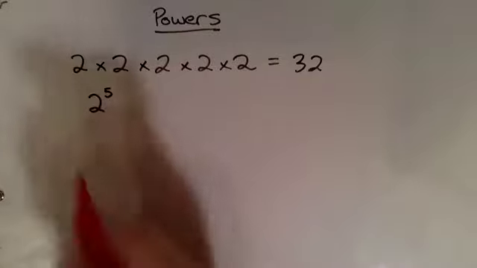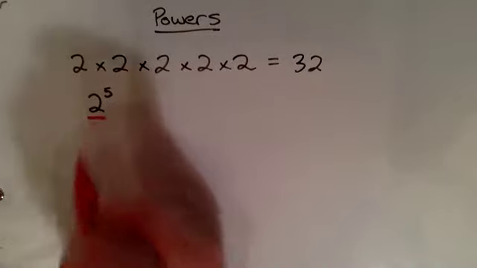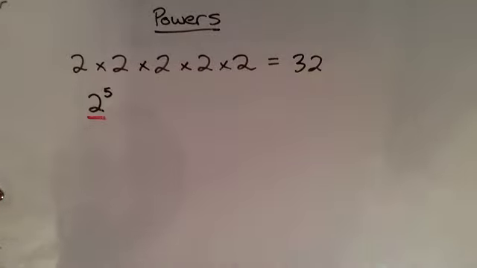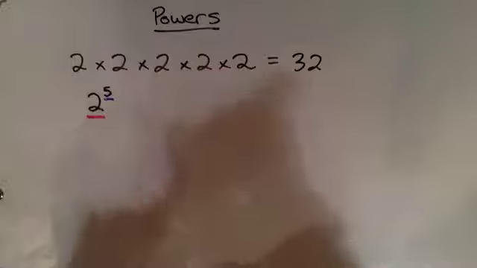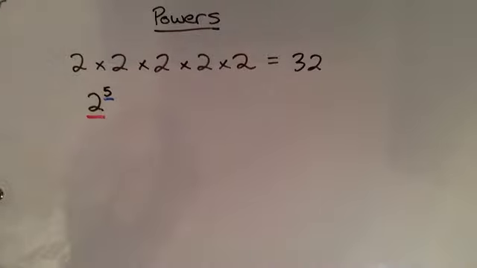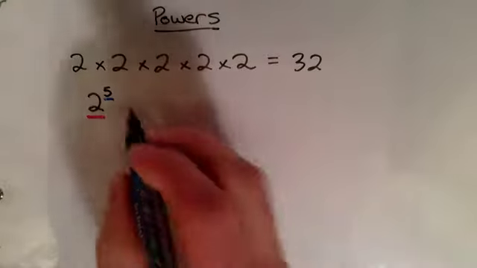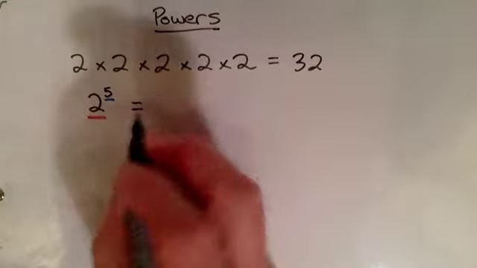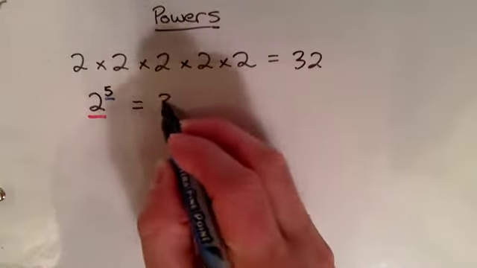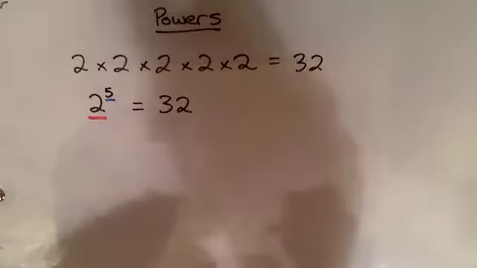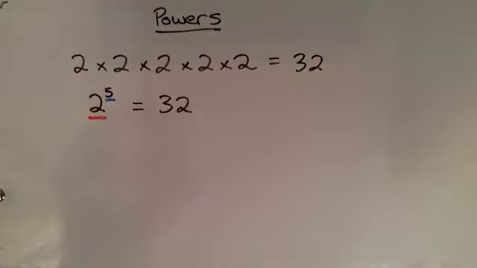It has a base, which is the number that we're multiplying by, and it has an exponent, which is the number of times that we're actually doing that multiplication. The answer for 2 to the power of 5 is still 32. There's no difference in it whatsoever, but we just write it in a little bit of a different way.